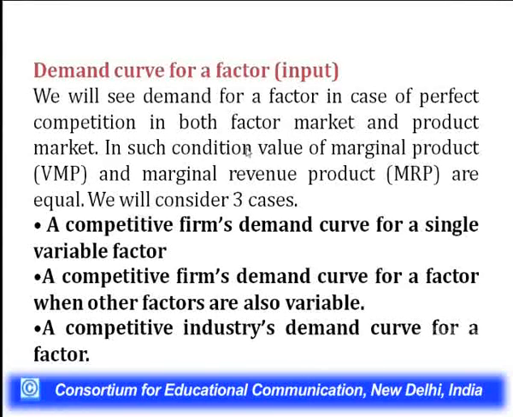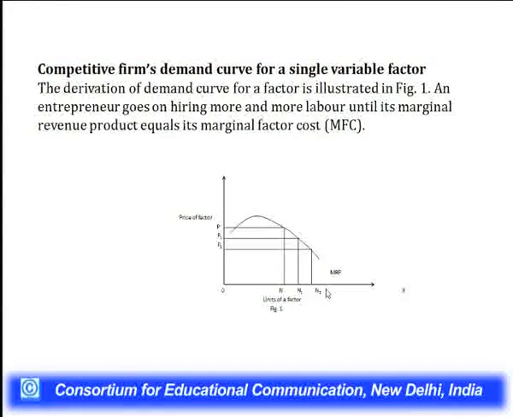In such a condition, the value of marginal product (VMP) and marginal revenue product (MRP) are equal. We will consider three cases. One is a competitive firm's demand curve for a single variable factor, another is a competitive firm's demand curve for a factor when other factors are variable, and the third is a competitive industry's demand curve for a factor.